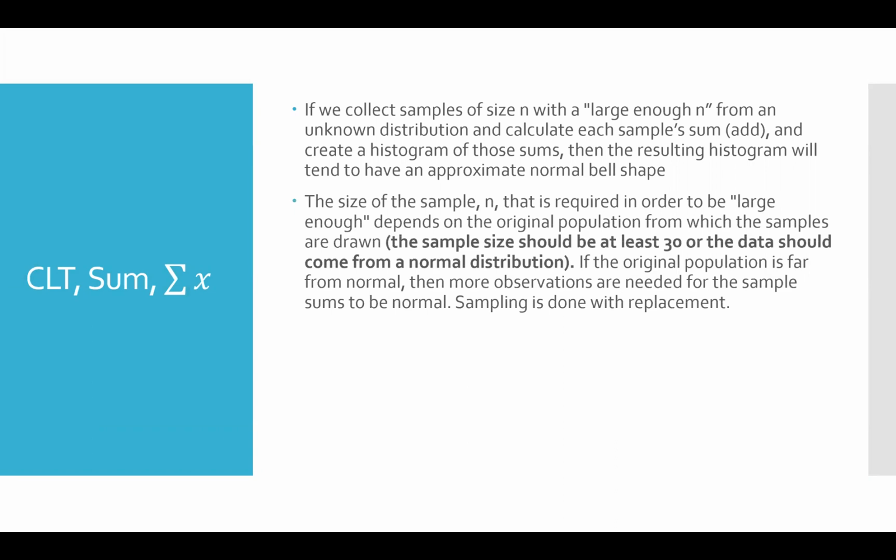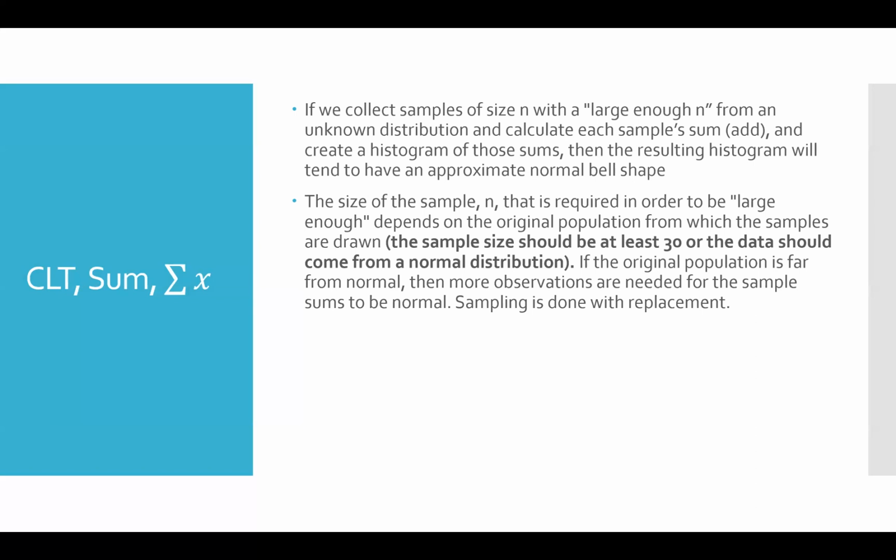And again, what's a large enough n? It's the same idea. If it's an unknown distribution, ideally you need at least 30 in the sample. If the original distribution is something really wacky that's far from normal, then you may need more than 30.